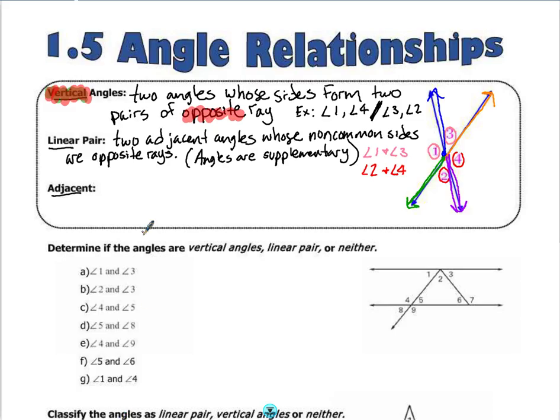Now adjacent angles is even more vague when it comes to describing that. Adjacent angles just have to be two angles that share a common vertex, a common side, and have no common interior points.